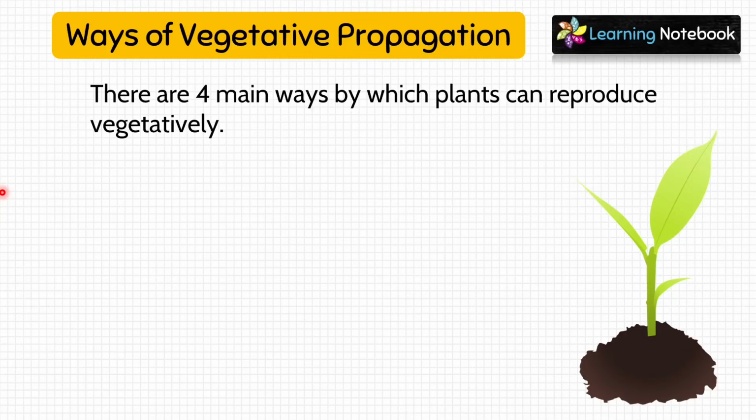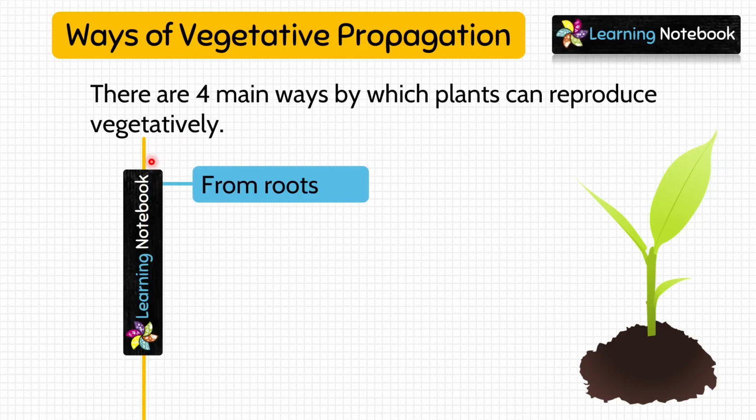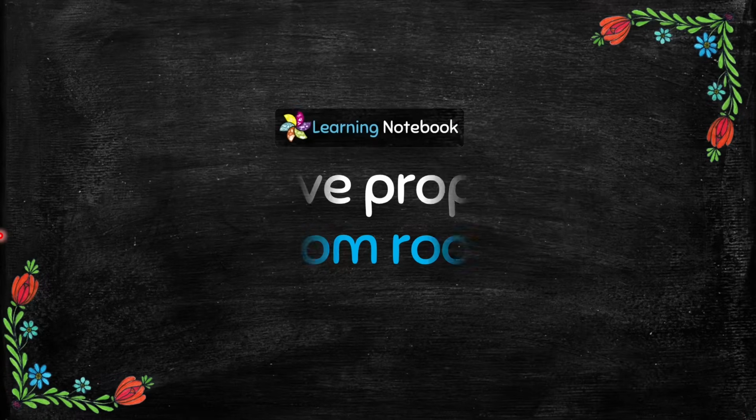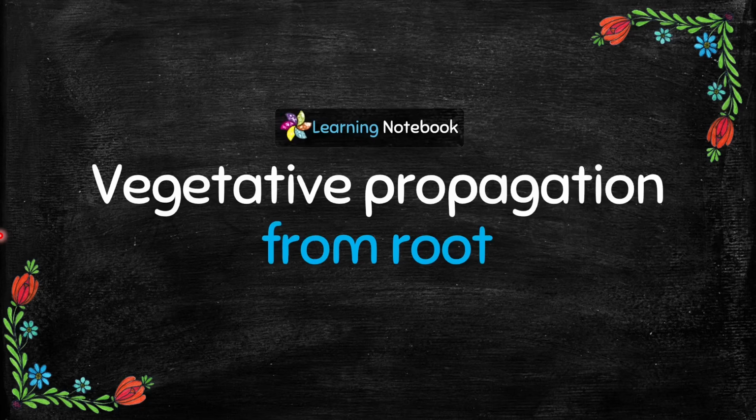There are 4 main ways by which plants can reproduce vegetatively. These ways are from roots, from stem, from leaves and from spores. Let's understand all these ways one by one. First, let's understand vegetative propagation from roots.